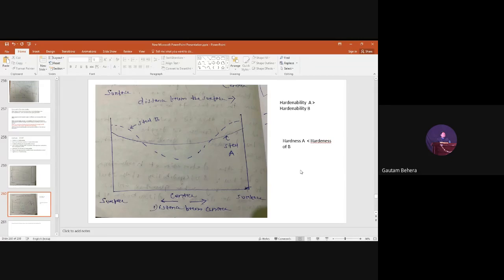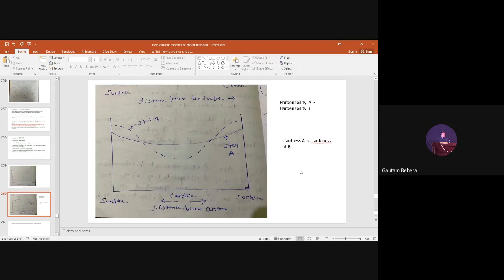If the cooling rate is higher at the surface, martensite will form at or just near the surface. But if you go deeper into the core or center, pearlite will form, because the cooling rate is slow, diffusion will happen, and pearlite formation will occur. That means austenite will decompose into pearlite at the core, but at the surface, due to the high cooling rate, the austenite will decompose into martensite, right?